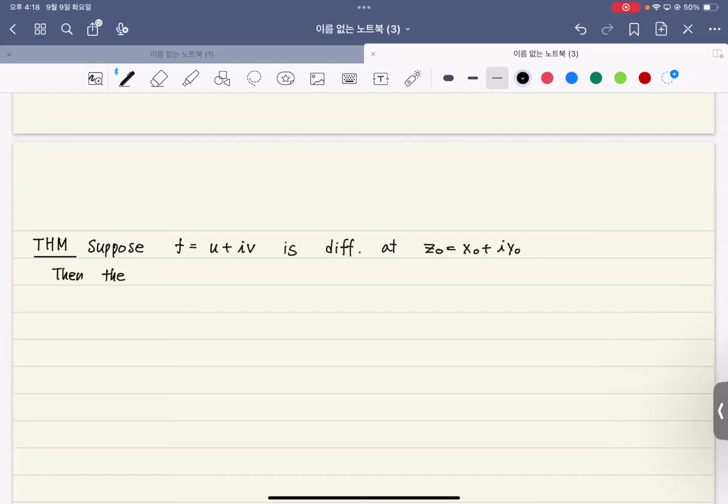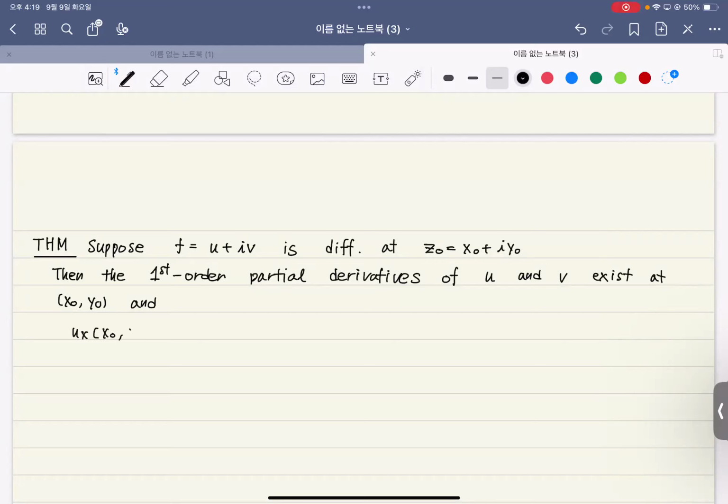Then the first order partial derivatives of u and v exist at this point, and they satisfy the Cauchy-Riemann condition: Ux at (x0, y0) is Vy at (x0, y0), and Uy at (x0, y0) is minus of Vx at (x0, y0).